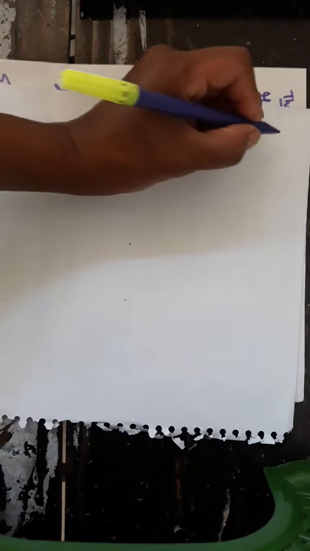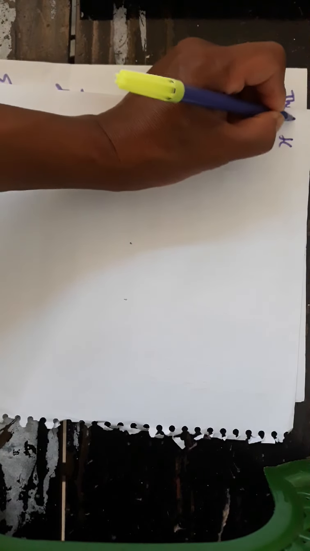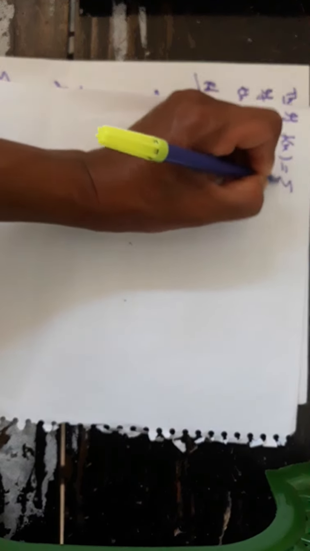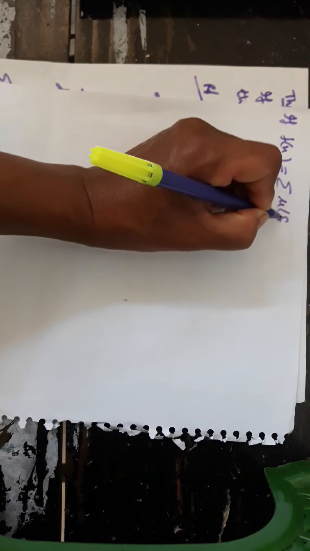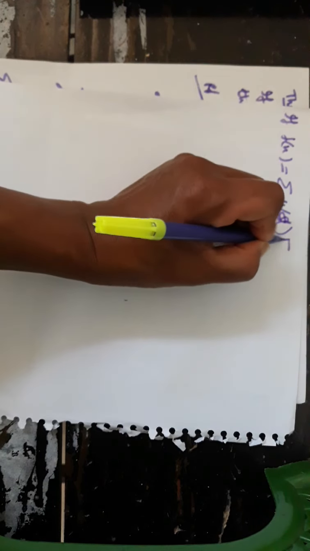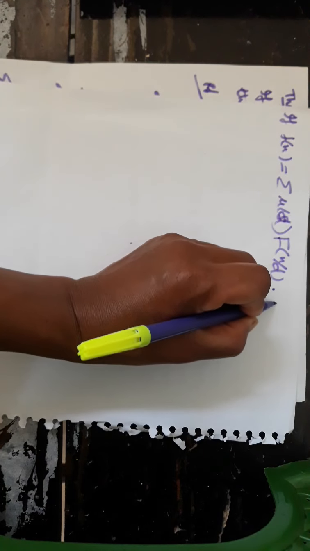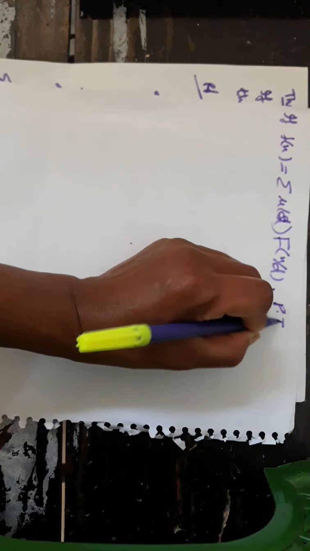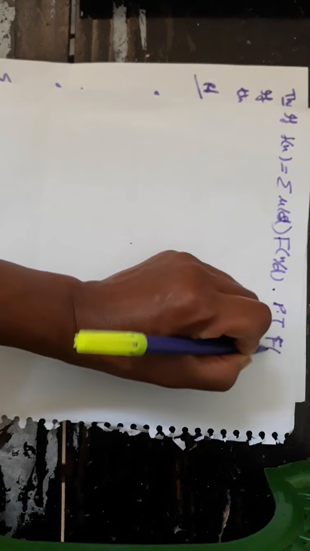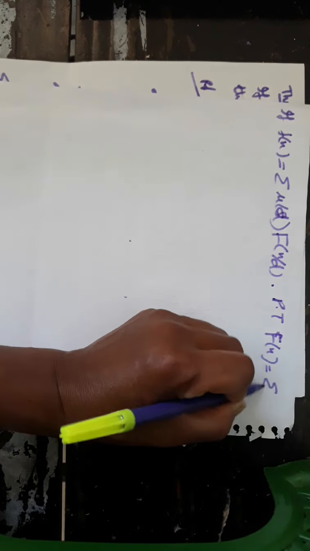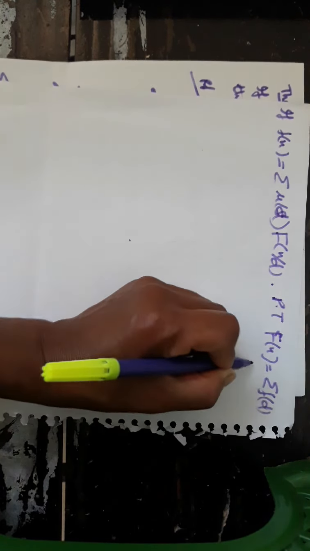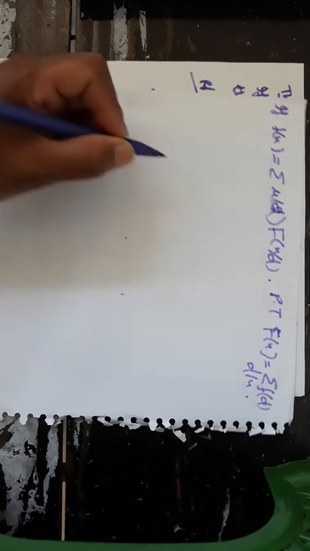Now the next theorem is: if f of n is equal to summation of mu of d into F of n by d, then for every positive integer n, prove that capital F of n is equal to summation of f of d, where d runs over the divisors of n.